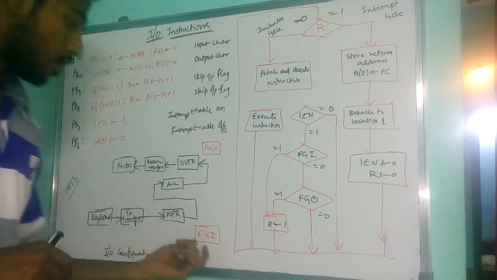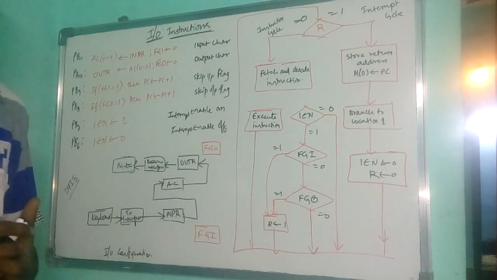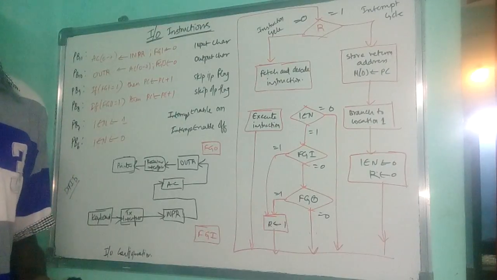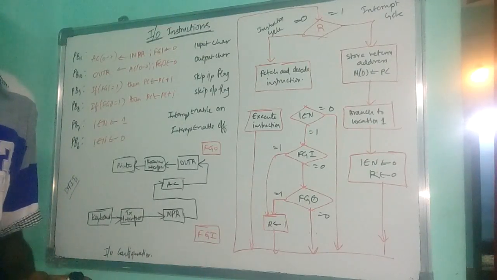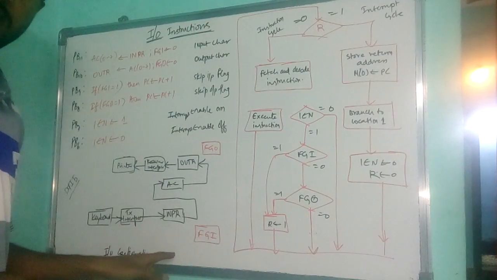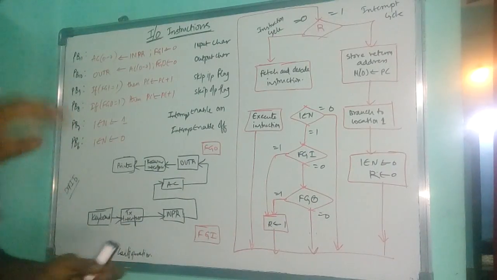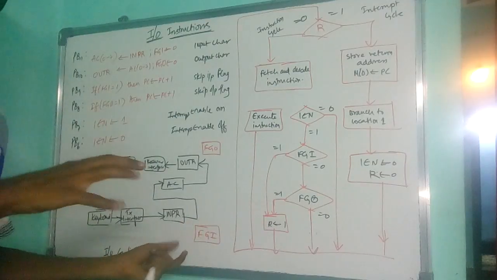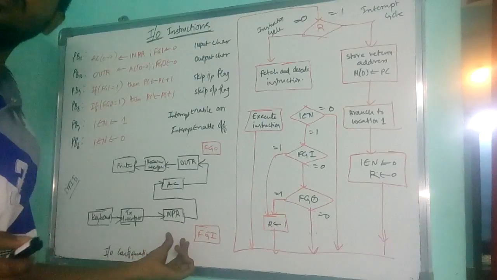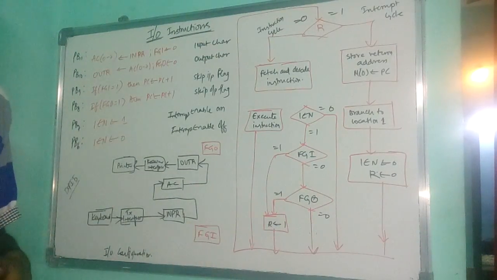Now, whenever the input register is performing one instruction, it does not allow any other instruction to interrupt it. That means if you press a key on the keyboard while the instruction is going on, the information in the input register does not change until the complete information in the input register is accepted by the accumulator.